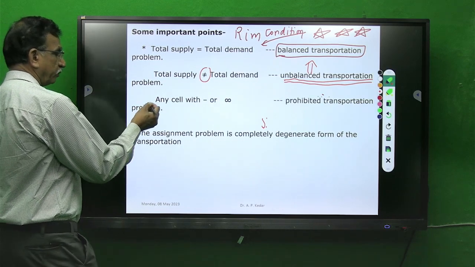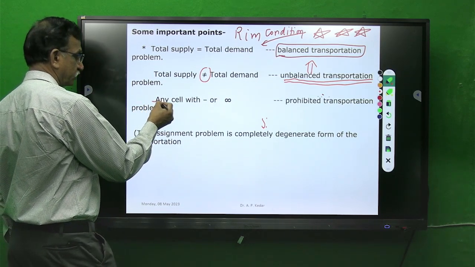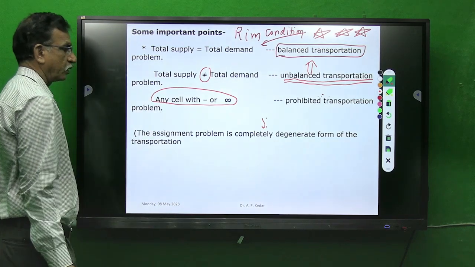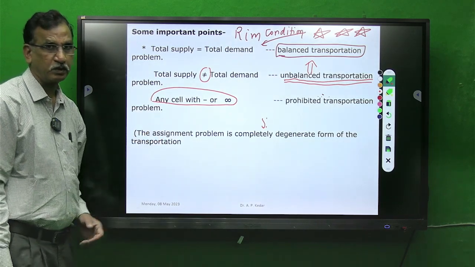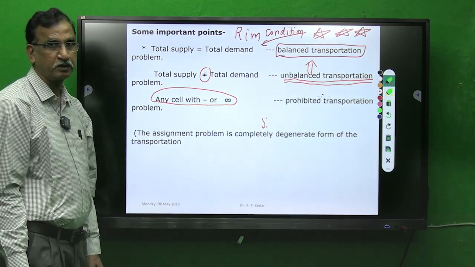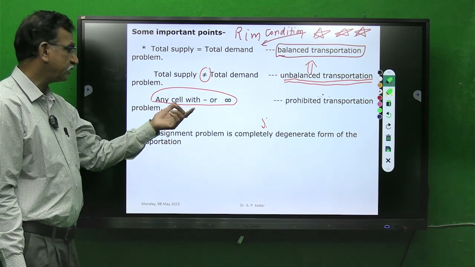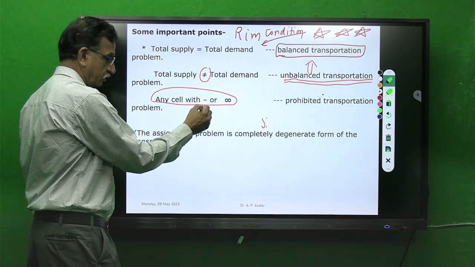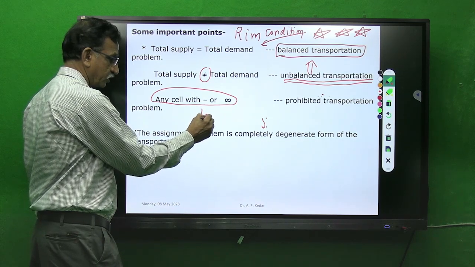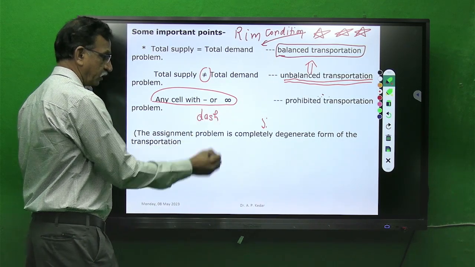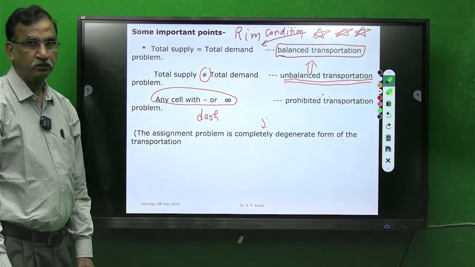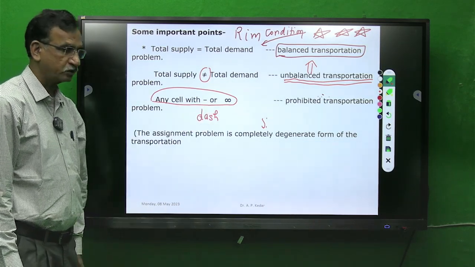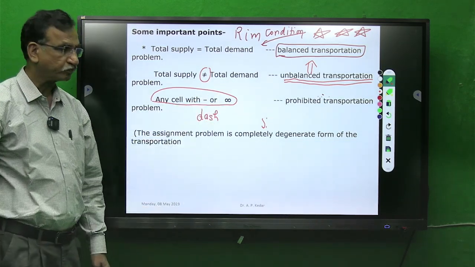Now you may come across this situation. Any cell, I will explain what is the meaning of the cell in the matrix. Any cell with, this is not negative, this is dash. Any cell with symbol like dash, or we know this is infinity.